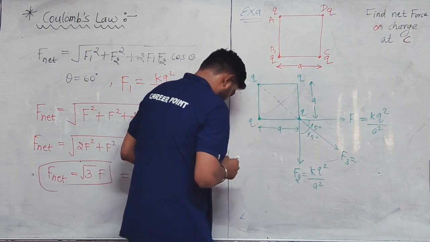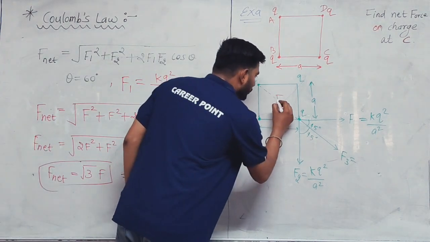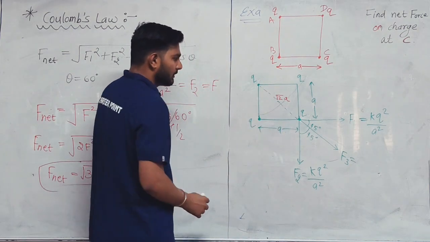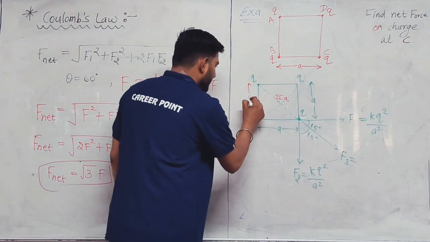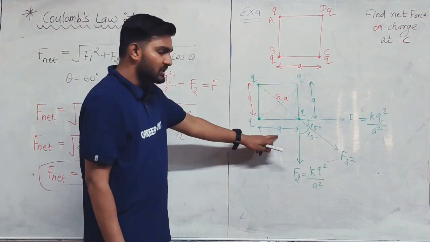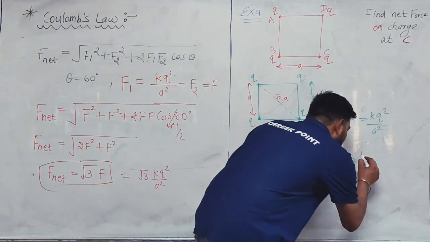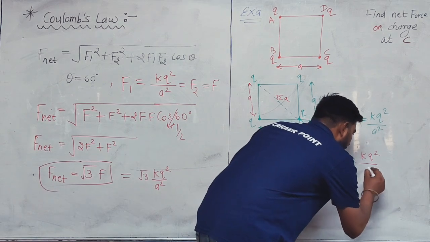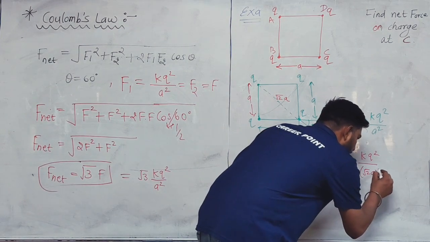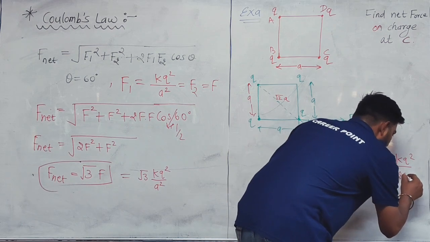What is this separation? The value of this length is root 2 times A, by using Pythagoras, because this is A and this is also A, so the square root of A square plus A square is root 2A. So F3 will be K Q square by root 2A whole square, or KQ square by 2A square.